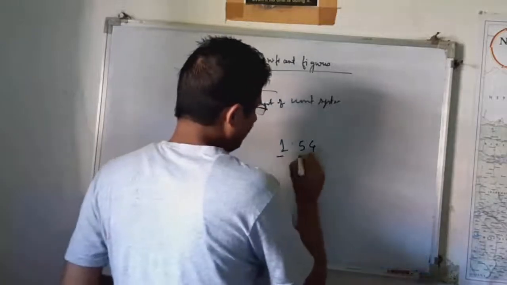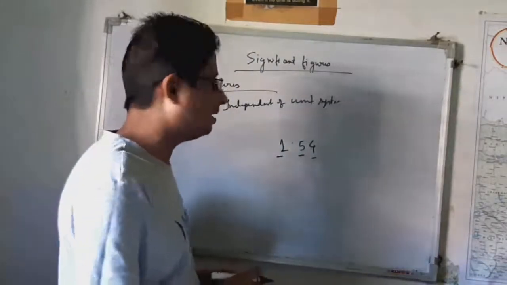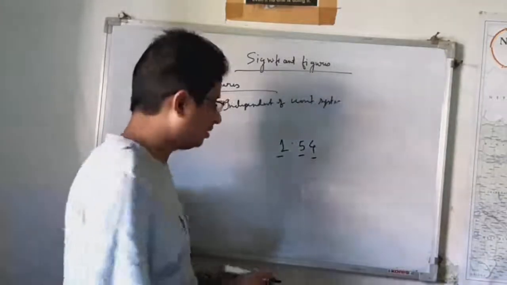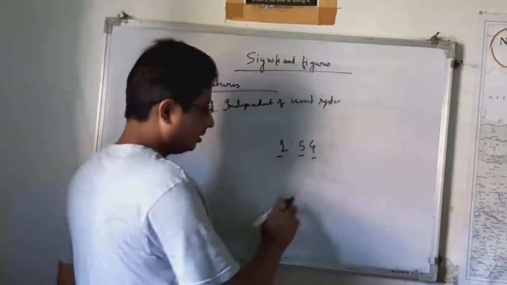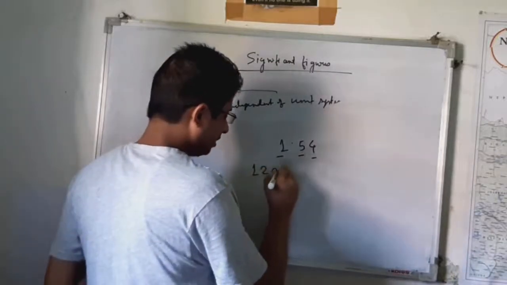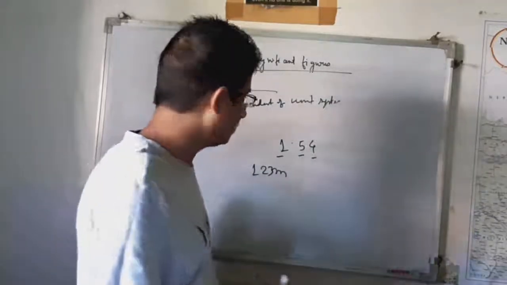So here 1, 5, 4, all these are significant because these are all non-zero terms. Or suppose I want to measure a length 123 meter. So 1, 2, 3 all are significant.